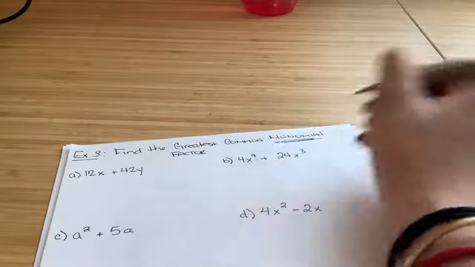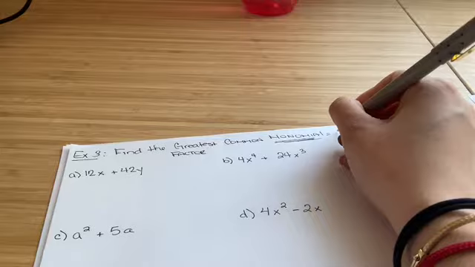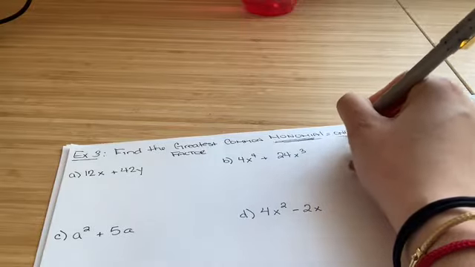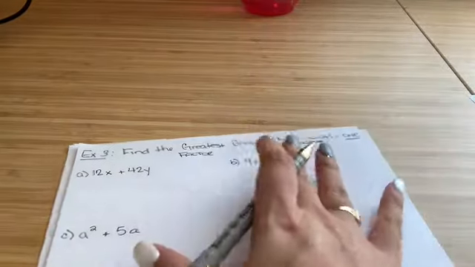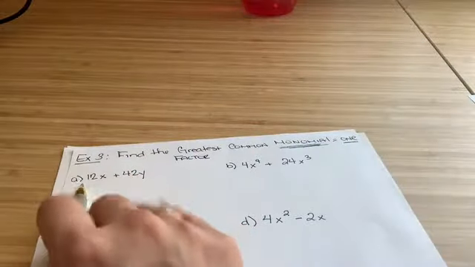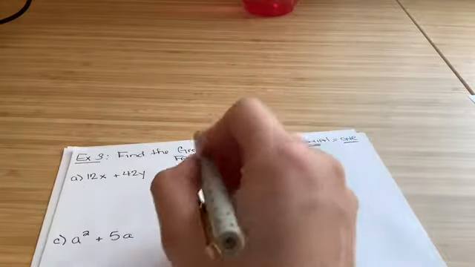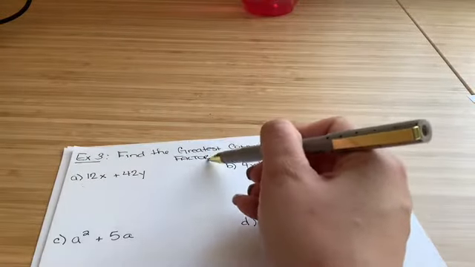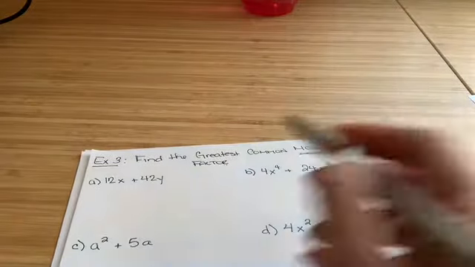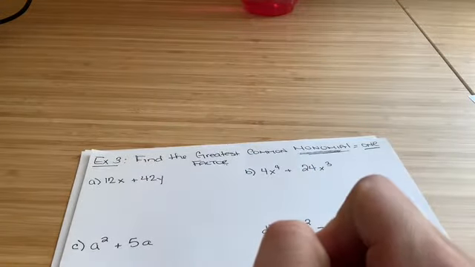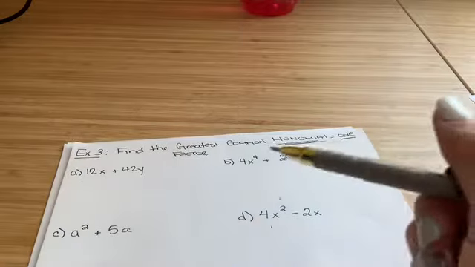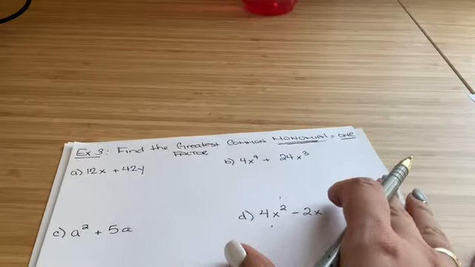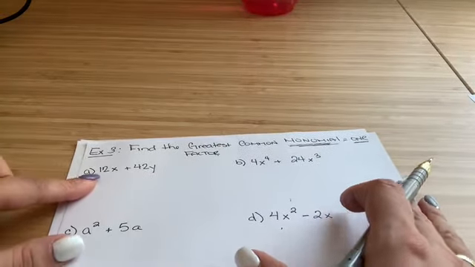Remember from your vocab, monomial means 1. Okay, so let's take a look at letter A. You will have to brush up on what your factors are. I did write down 4 here. I know on your classwork you only have 3, I believe, but let's take a look at letter A.